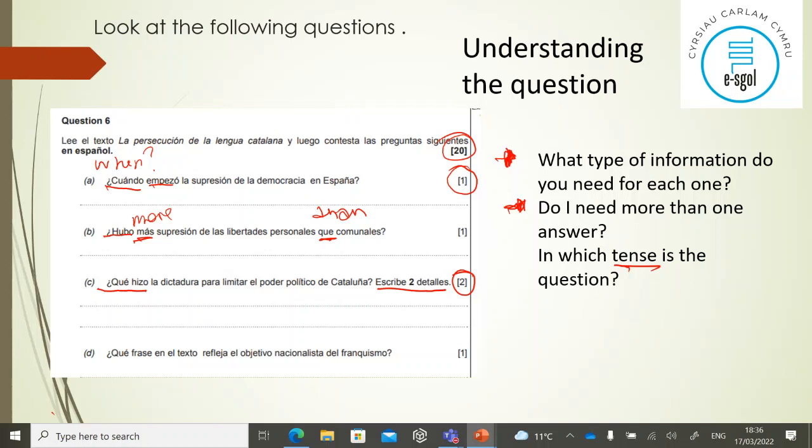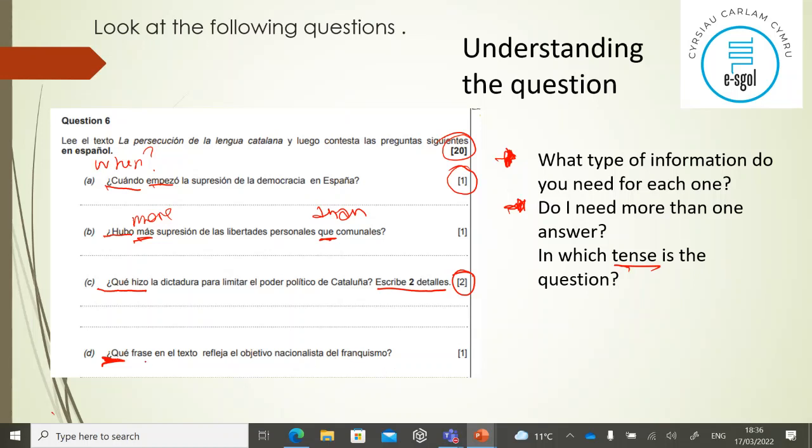What did the dictator do para limitar el poder político de Cataluña, to limit the political power of Cataluña? ¿Qué frase en el texto refleja el objetivo nacionalista del franquismo?